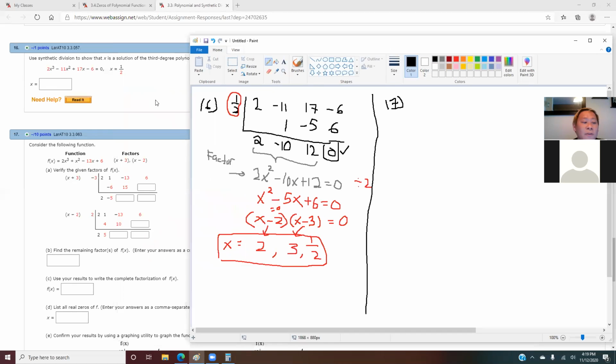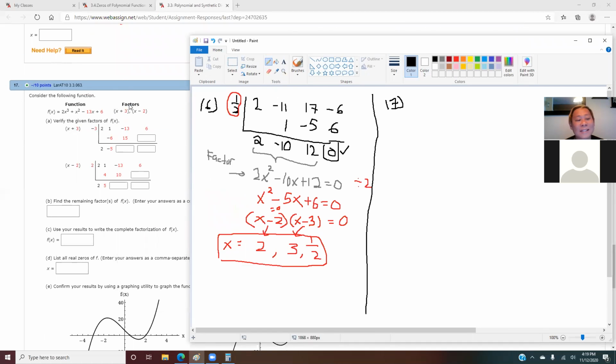Okay, so if you look at 17, it's the same thing. The good news about 17 is they already give you 2 factors. So what you do is you perform a synthetic division on x plus 3. So go ahead and perform synthetic division on x plus 3.